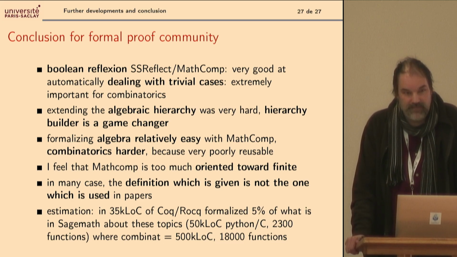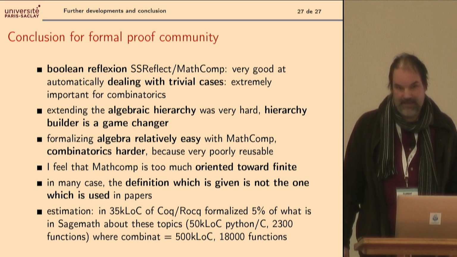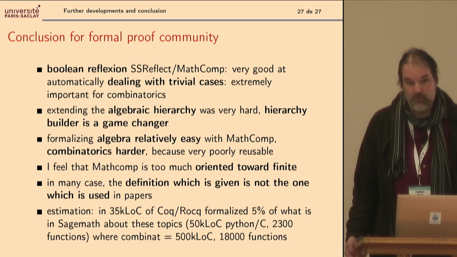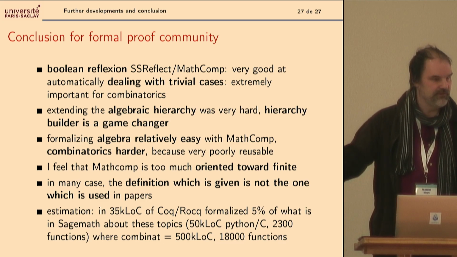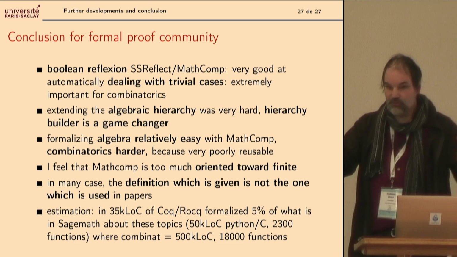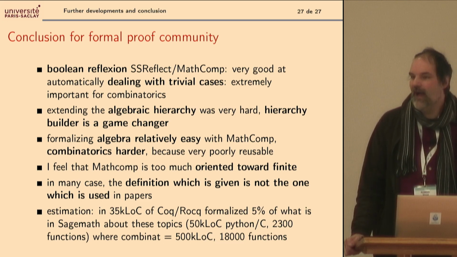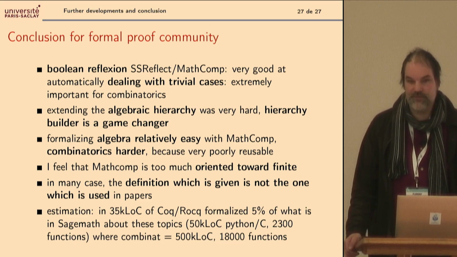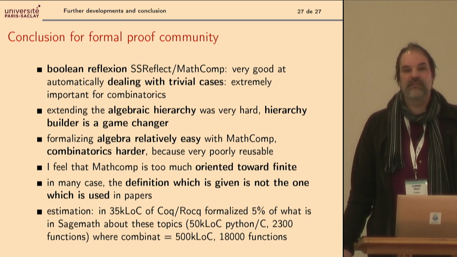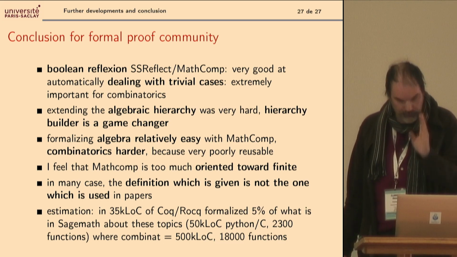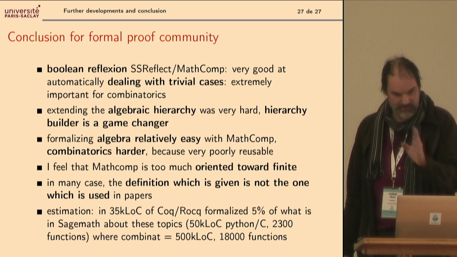When you're doing combinatorics, there are lots of particular cases in your algorithm. Those are those which are false when implemented in Sage or in C. All the trivial cases, the empty permutation, all the empty objects. And having the system deal automatically with those trivial cases really helps you to focus on what you want.